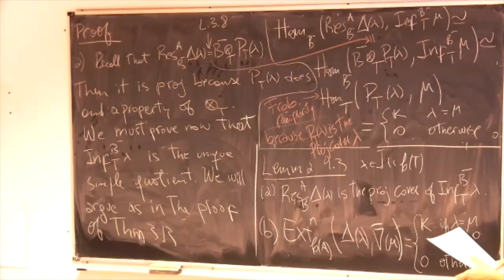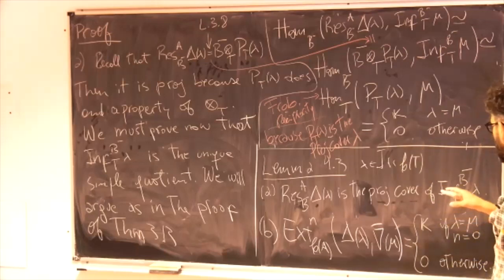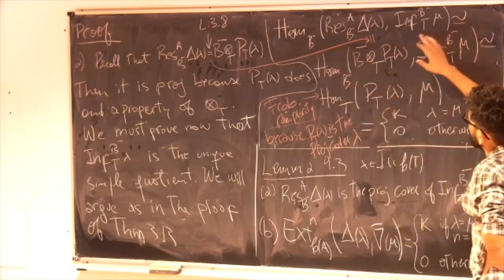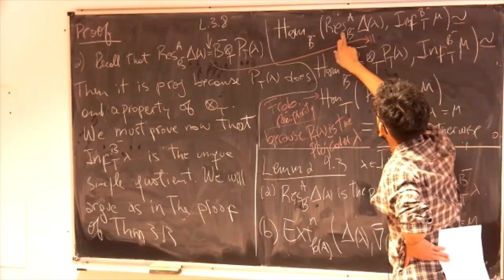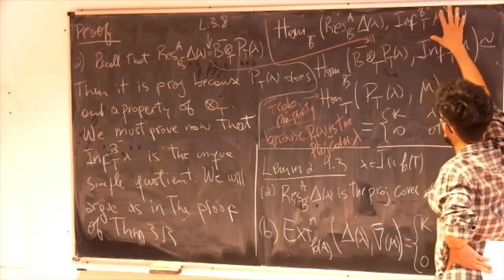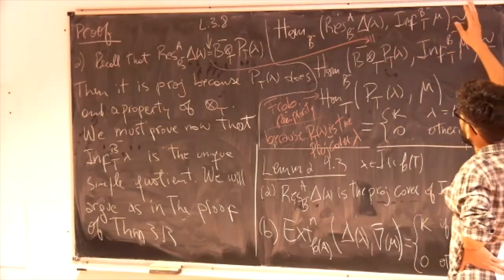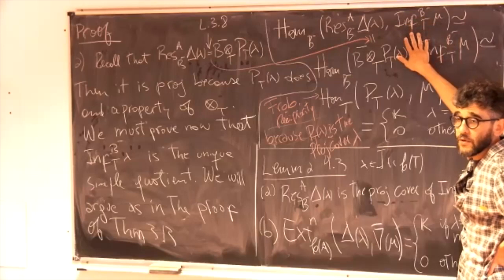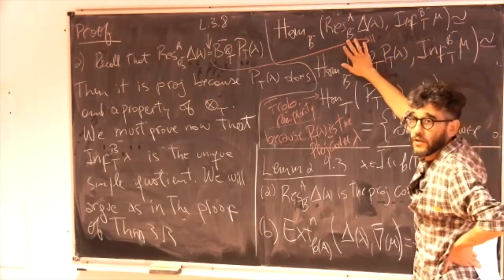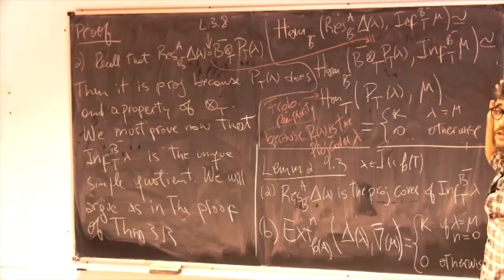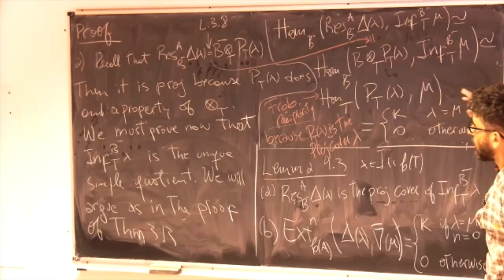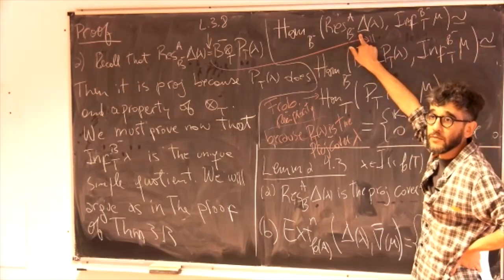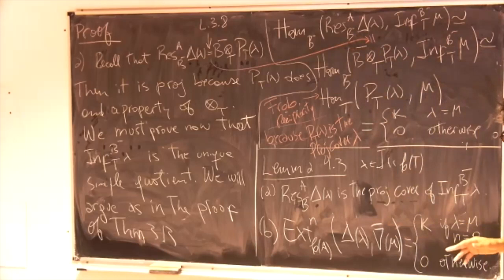So this tells us that between the standard module as a B minus module and a simple module over B minus, there is only a morphism when mu is lambda. So this means that this simple module is a quotient of this one only when mu is lambda. So inflation of lambda is the unique simple quotient of the standard module as a B minus module. This completes the proof of part A.